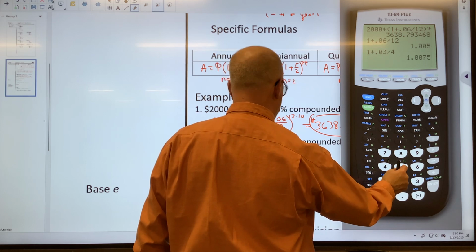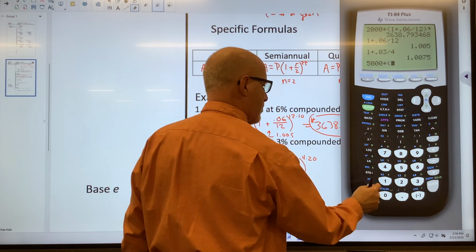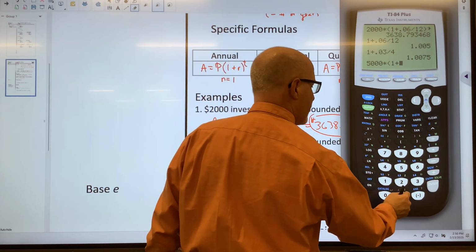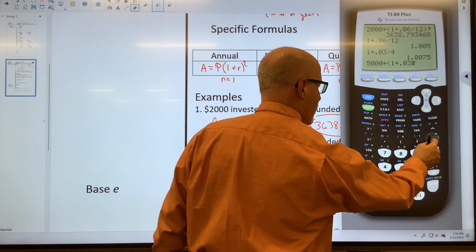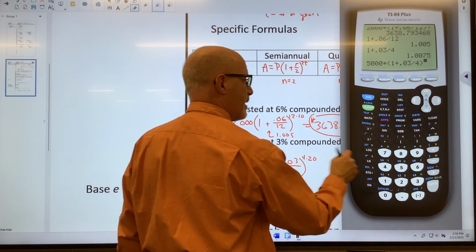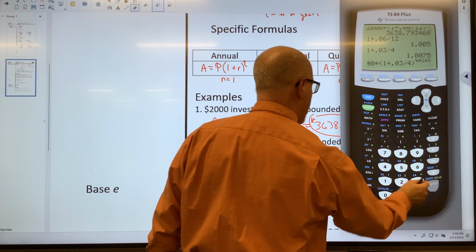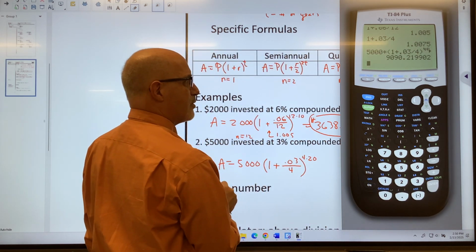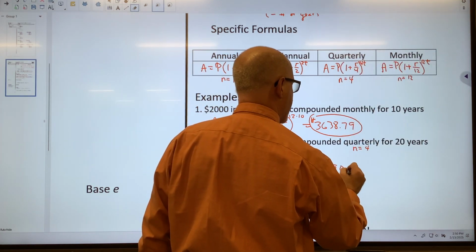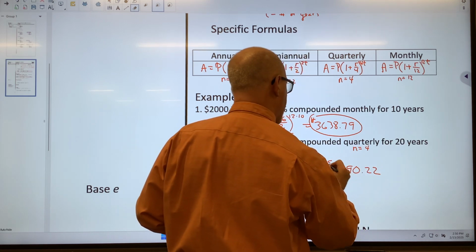So what I get is 5,000 times parentheses, 1 plus 0.03 divided by 4, and then put it to the 4 times 20 power, which is 80. I'm just going to put it in the way it is. So you can do as much simplifying as you want to. This is going to be $9,090.22 when I do that calculation.